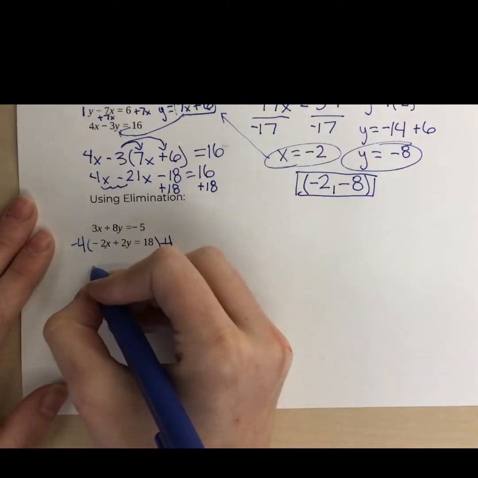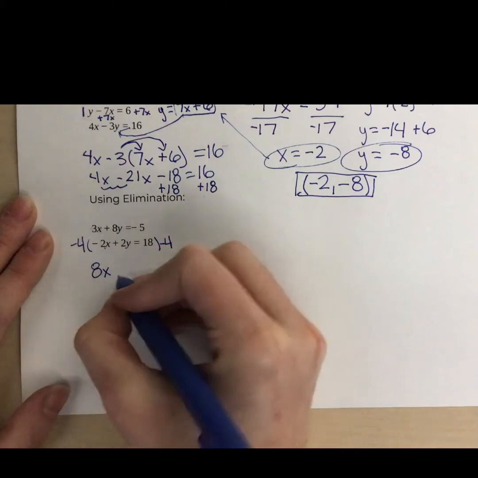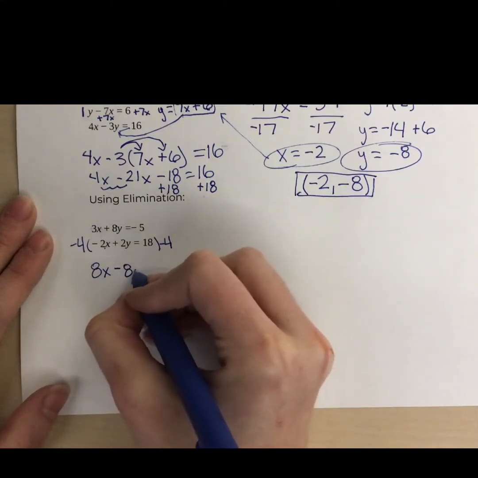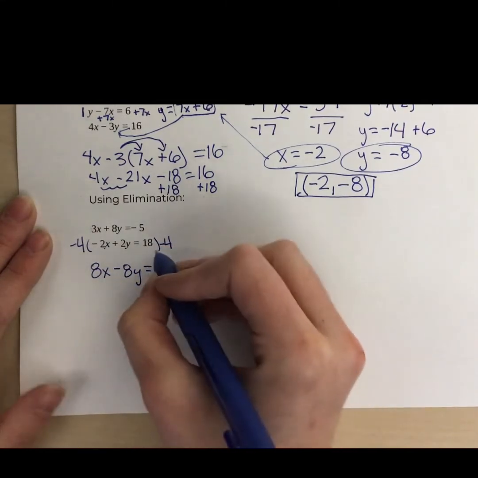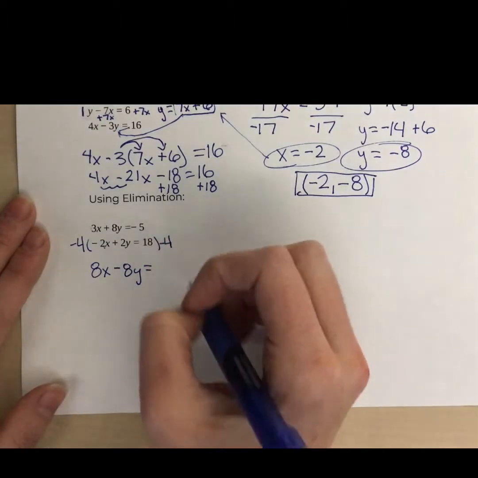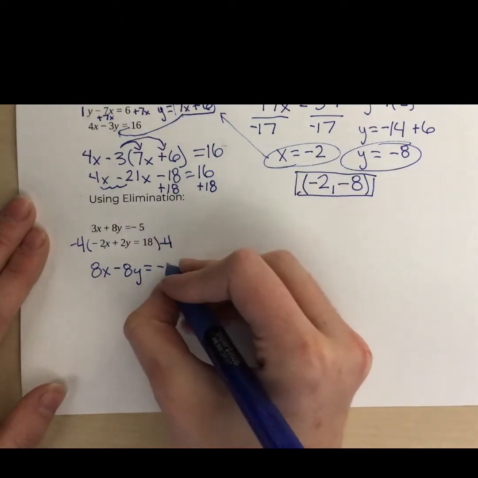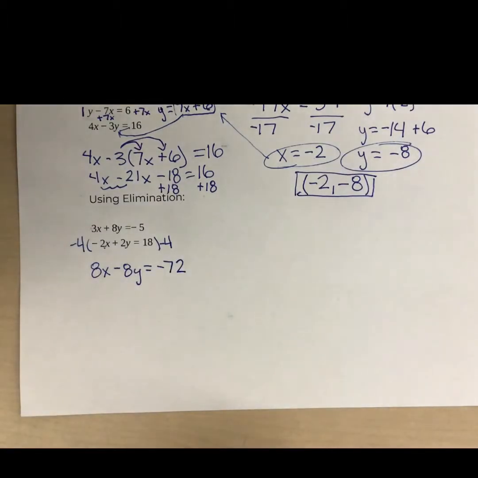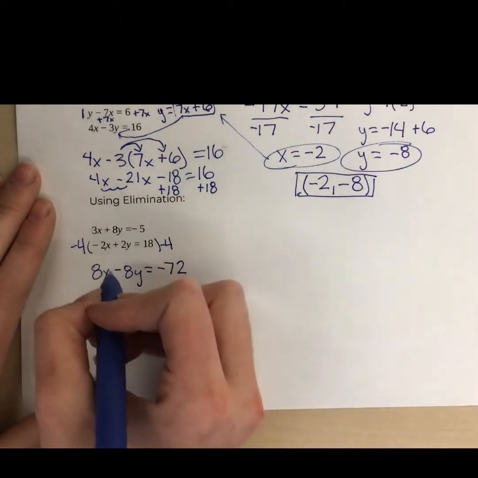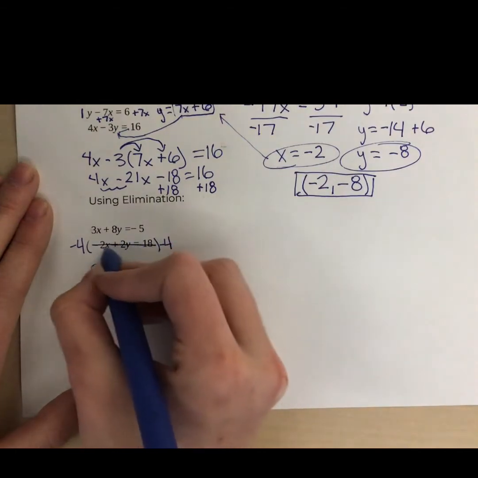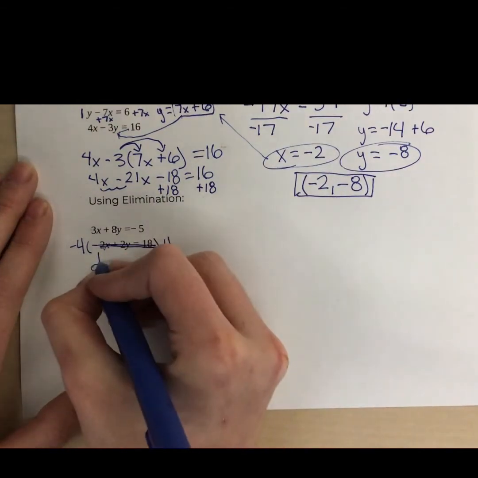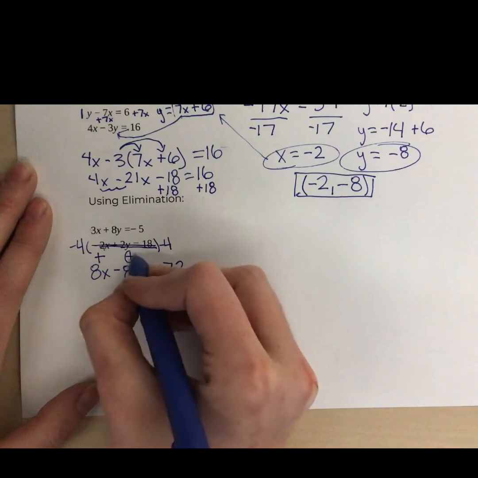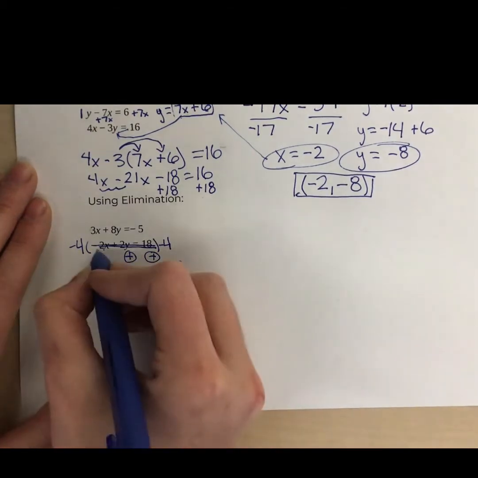So we would have 8x minus 8y equals 18 times -4, which would be -72. So now I'm going to ignore this equation and add together the top and this bottom equation.